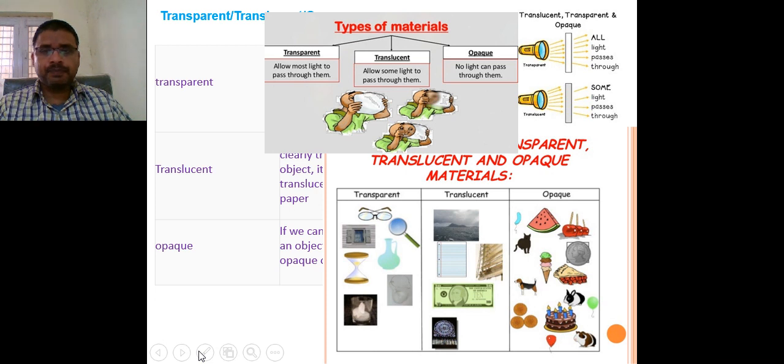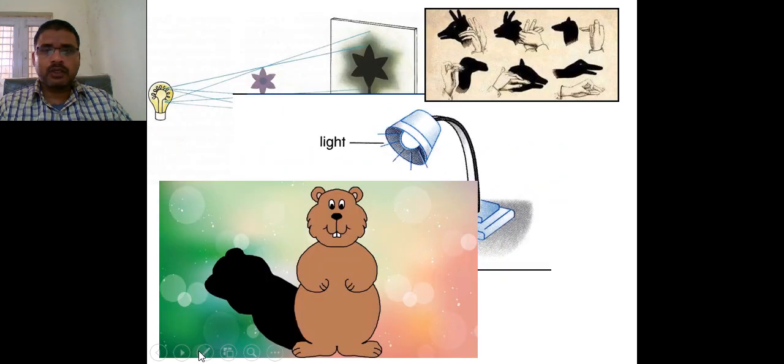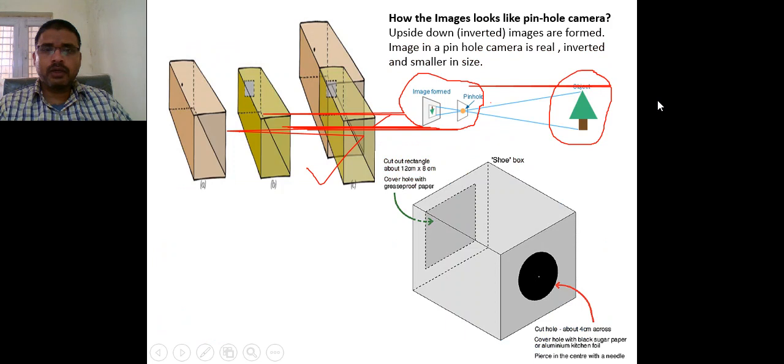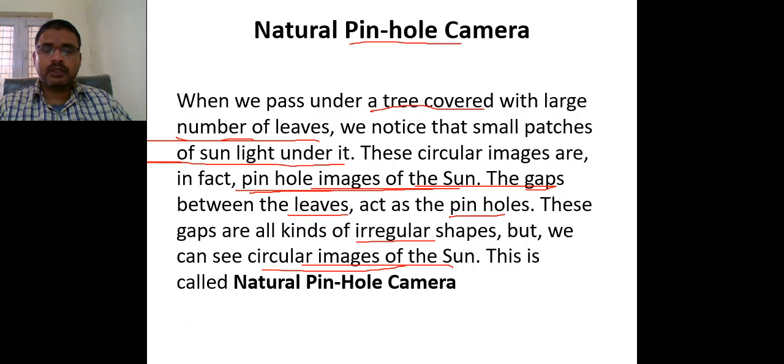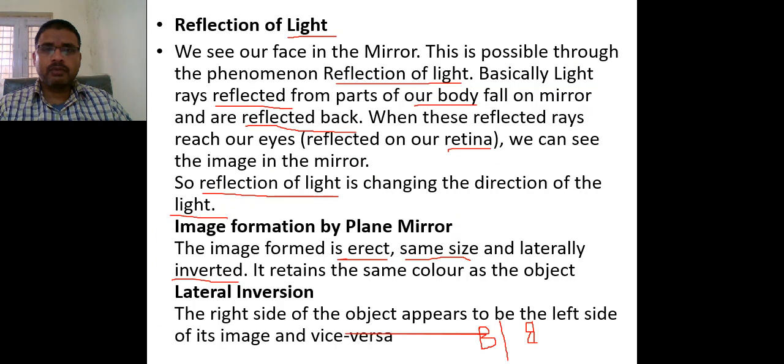These pictures made here, you have to draw at home with the help of your finger. Pinhole camera, how a pinhole camera works, what a natural pinhole camera is, and the rectangular mirror and reflection of light, the incident rays and the angle of reflection, these things you have to understand.